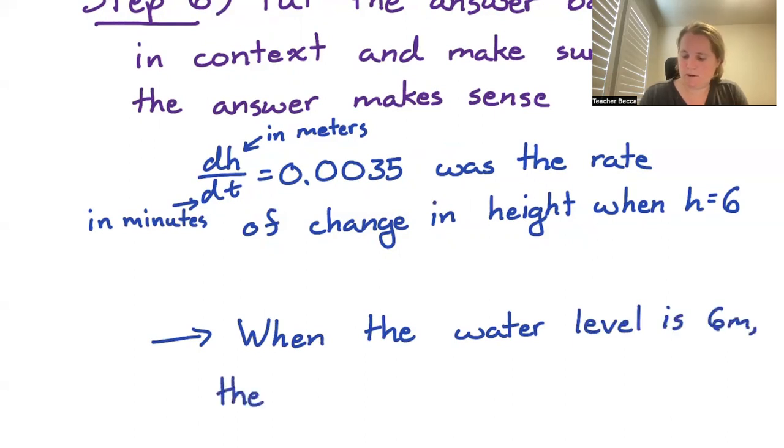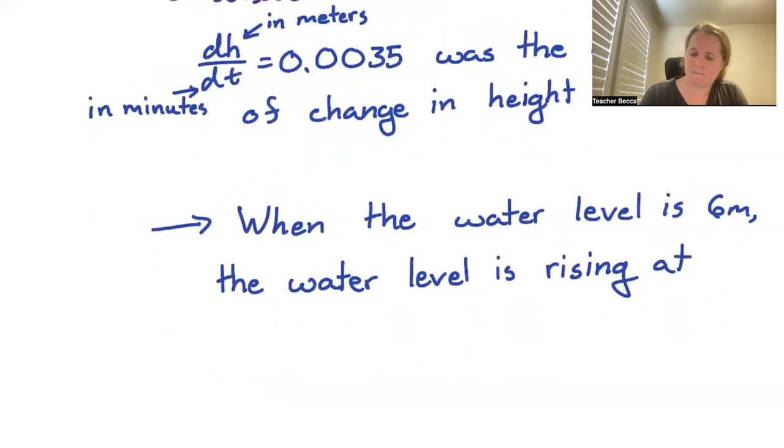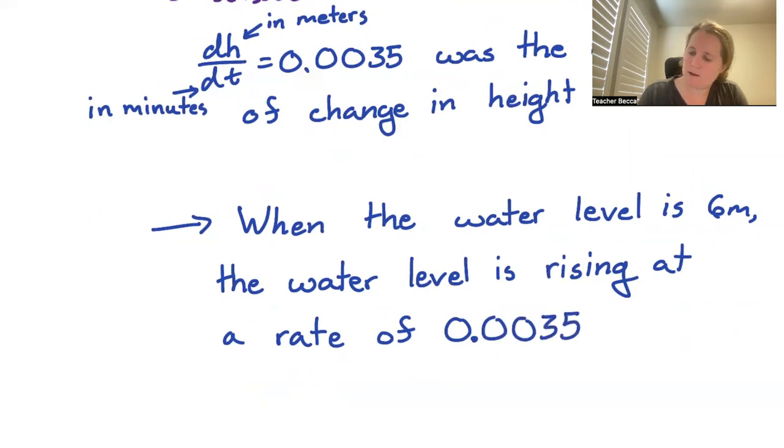the water level is rising at a rate of 0.0035 meters per minute. So thinking about, does this make sense? Well, it certainly makes sense that the water level is rising.